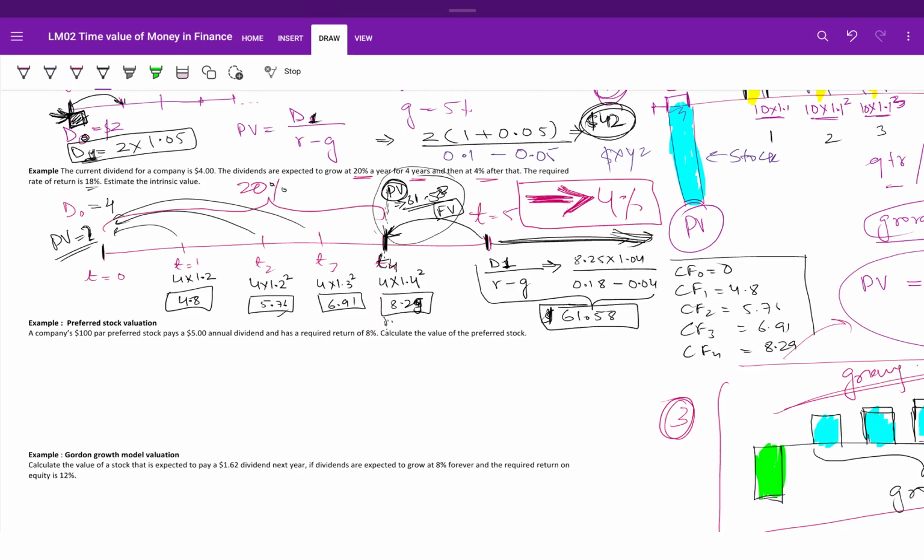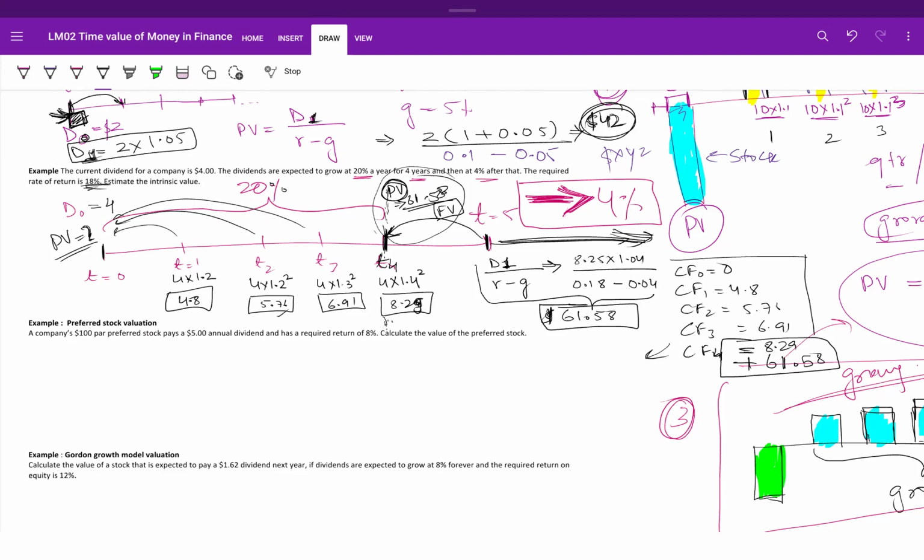We need to add 61.58 to this cash flow. This is the total cash flow we received at CF4. Now, the interest rate is 18% for this, and we need to calculate our cash flow.